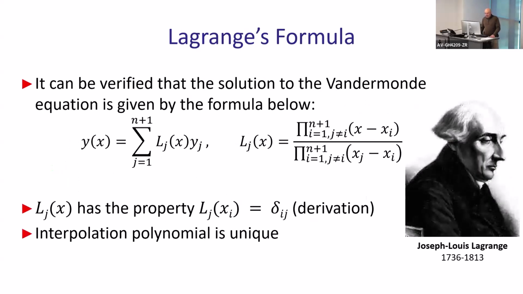Okay. So, an interesting property of that polynomial is that it is unique. This is the only polynomial which is passing through all of these n+1 points. The idea is that since this Vandermonde matrix is invertible, it has to have only a single possible unique solution.